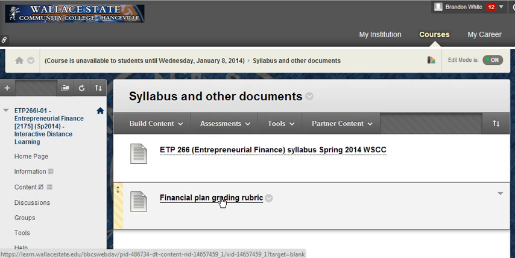In that, my expectation is to see that you have not only taken the templates that I will provide for each of the components of the financial plan and acknowledged them, but started to fill in categories that are specific to your particular business. So, whether it be expense items, income source items, sources of capital, you'll see what all these are.